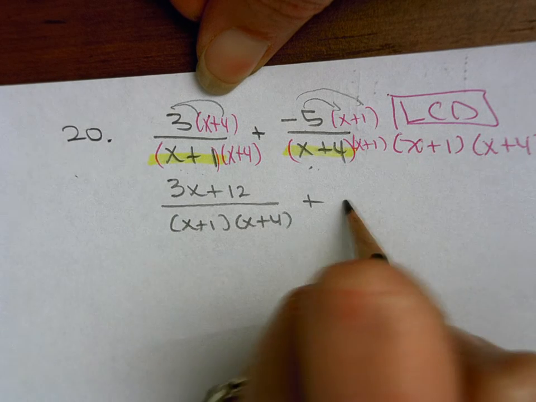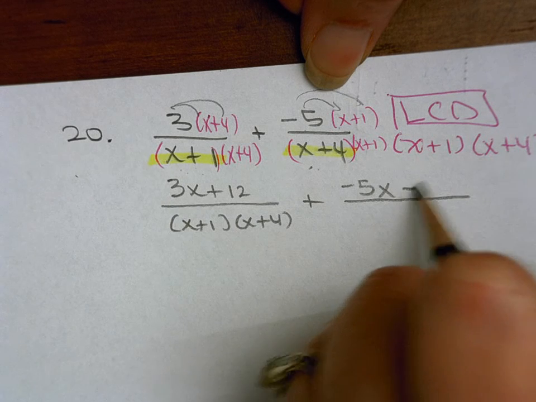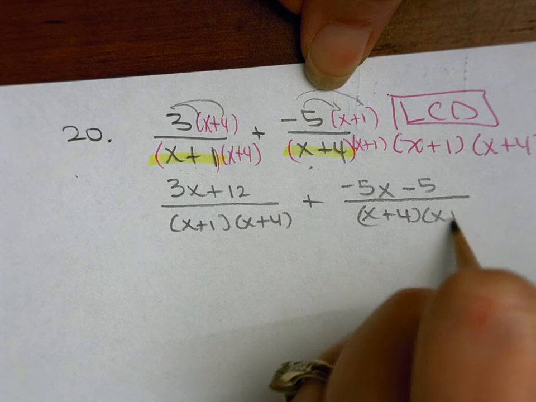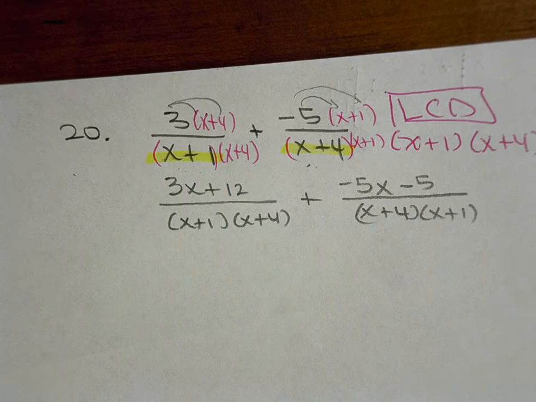And distribute over here -5. So now again, my goal is to get a single fraction, then try to simplify. I do not want to simplify right now. I want to get a single fraction and then simplify.